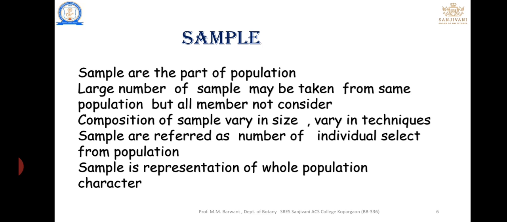Samples are a part of a population. A large number of samples may be taken from the same population, but all members are not considered. The composition of a sample varies in size and in technique. A sample refers to a number of individuals selected from the population, and it is a representation of the whole population's character.